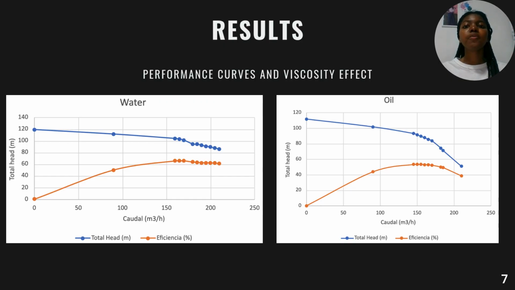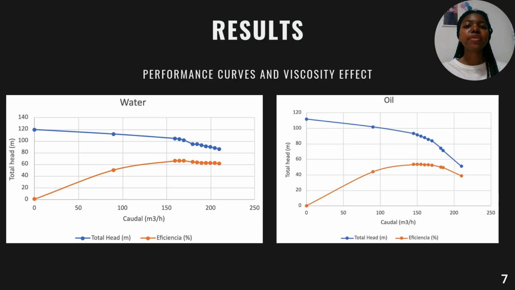For the mineral oil, the curve is consistently lower, showing an average reduction of 40% in generated head across the operating range. This significant performance drop is directly attributed to the higher frictional losses associated with the oil's high viscosity, which dissipates a substantial portion of the energy imparted by the impeller.